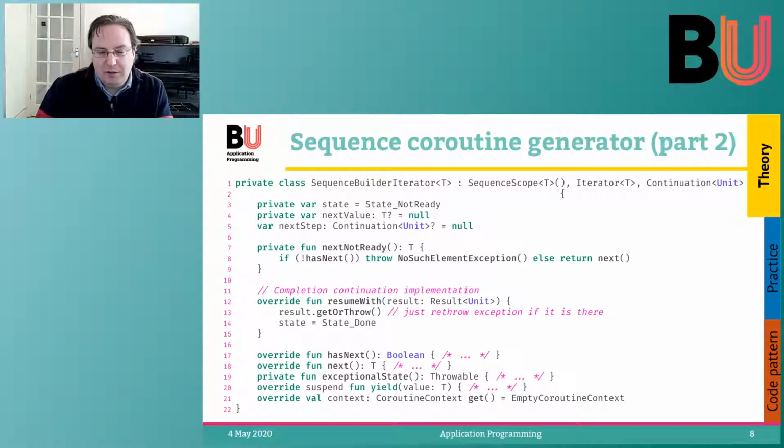Basically the sequence function doesn't return, so the sequence object has no return value. If you have the inside block, whatever it returns is ignored. Only values that are returned through yield will actually end up as part of the sequence or iterator. So resume with is called at the end of the continuation when the suspending block is finished.